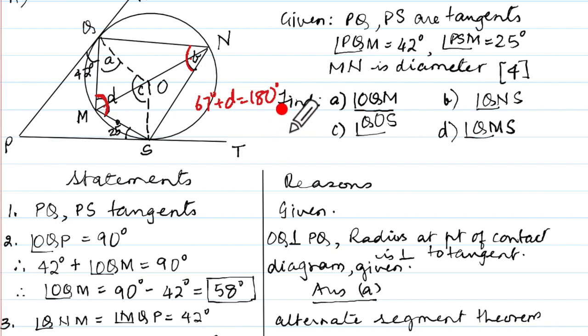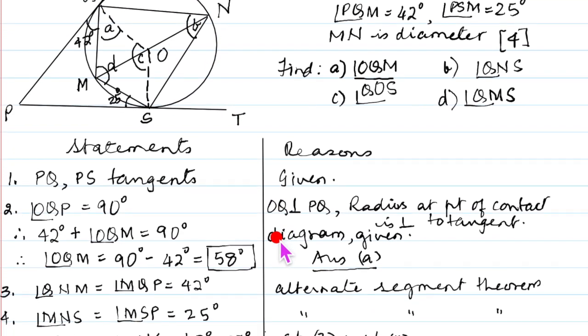So that will be 113. So you see, it was pretty easy to get those full 4 marks, although the diagram was a little complicated, but if you know your facts well and you keep your calm, you will be able to do this, and I'm sure you must have got this also right.